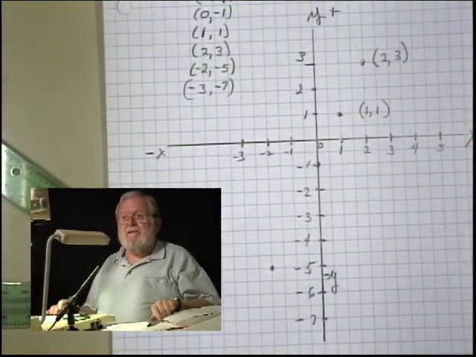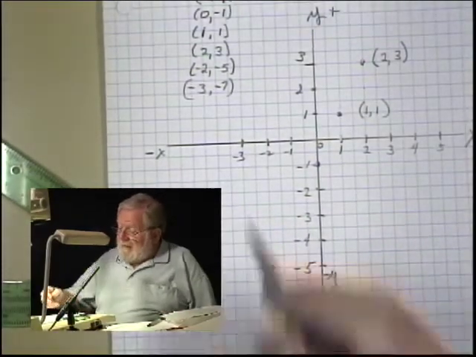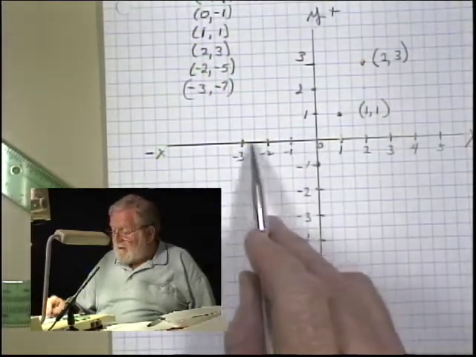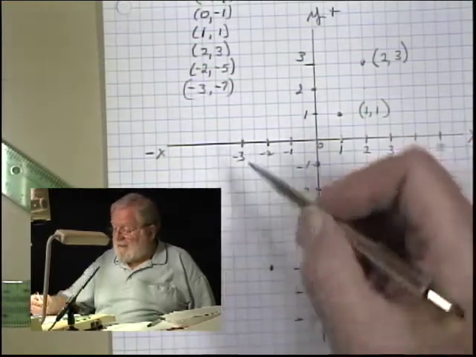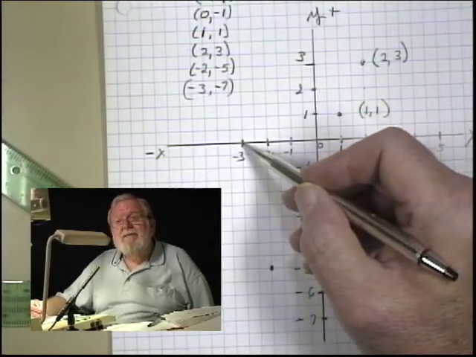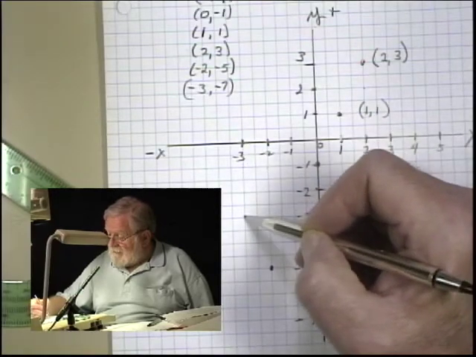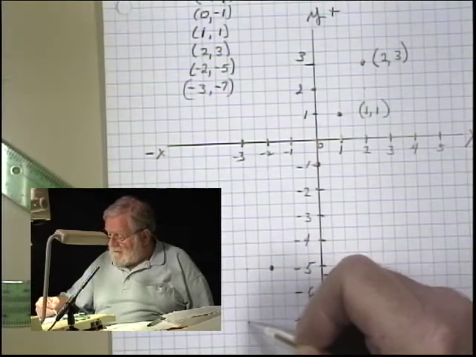Okay? So there's a point. There's our next point. And then the last point is a -3 on the x. So here's our 0. We're going to the left 3 units. And then down 7 units on the y. So 1, 2, 3, 4, 5, 6, 7, right here.